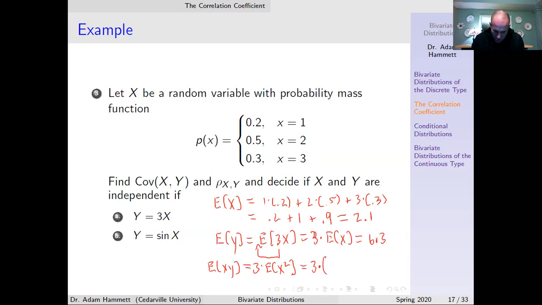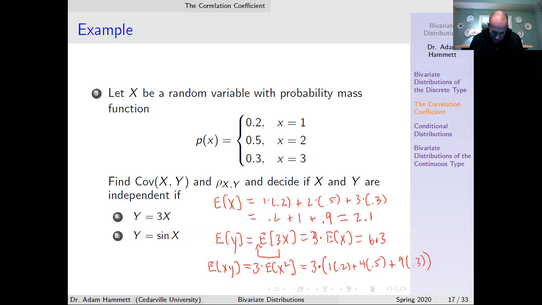Well, X squared could be 1 with probability 0.2. If X is equal to 2, which happens with probability 1/2, 2 squared is 4, and that's going to happen 50% of the time. And X is 3 with probability 30%. If I square that, I get 9, and I multiply that by 0.3.